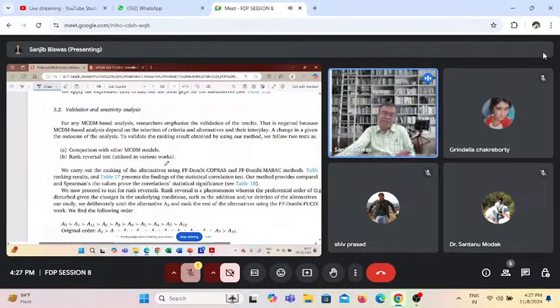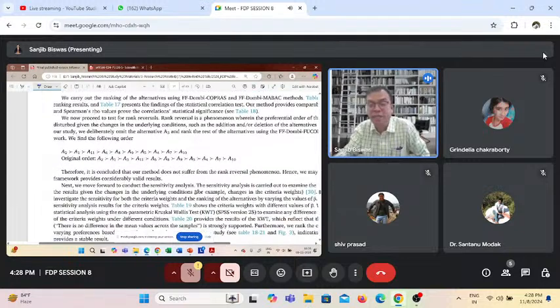The same can happen with the criteria set. Some criteria may be added, some removed. The rank reversal phenomenon is one where, if any disturbance happens with the criteria set and alternative set, the initial ranking order gets disturbed.